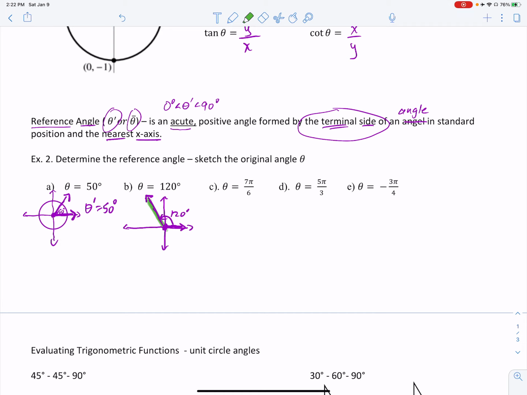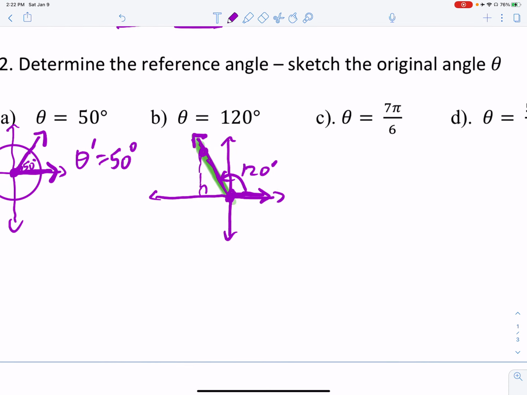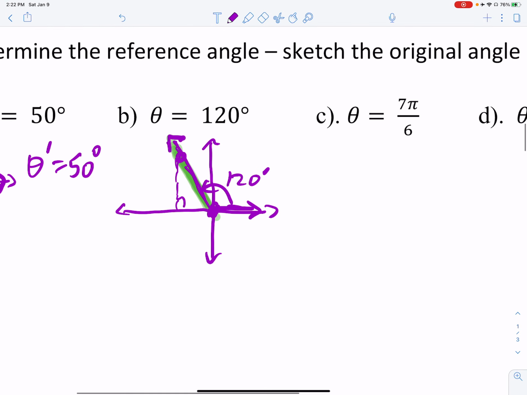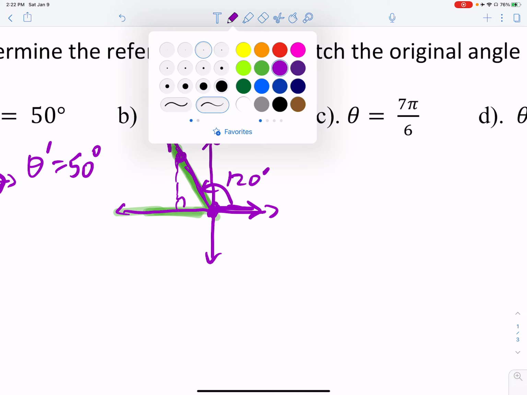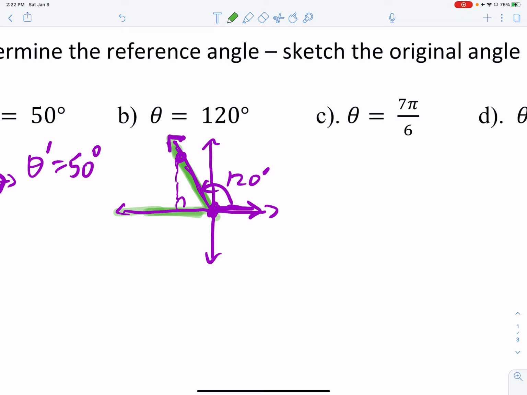Basically, you're going to be picking a point on that terminal side and thinking about dropping an altitude to that would be the nearest x-axis. And so that nearest x-axis is this negative x-axis. And so theta prime is this angle right here.